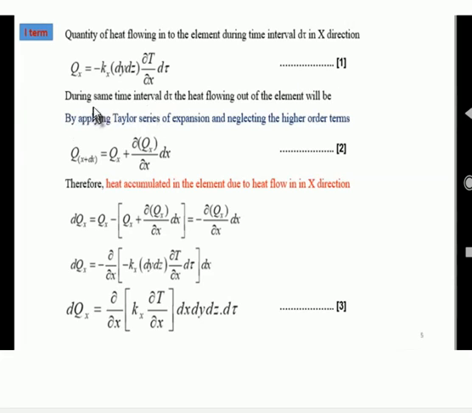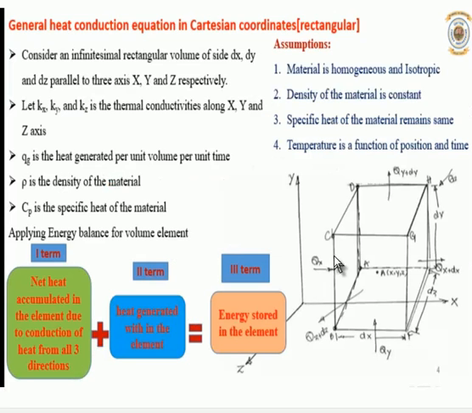During the same time interval d tau, the heat flowing out of the element is found by applying the Taylor series expansion and neglecting the higher order terms. The heat flowing out of this element is given by Qx plus dx.